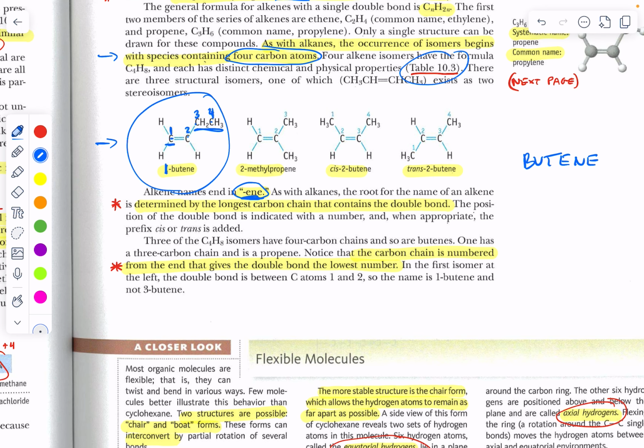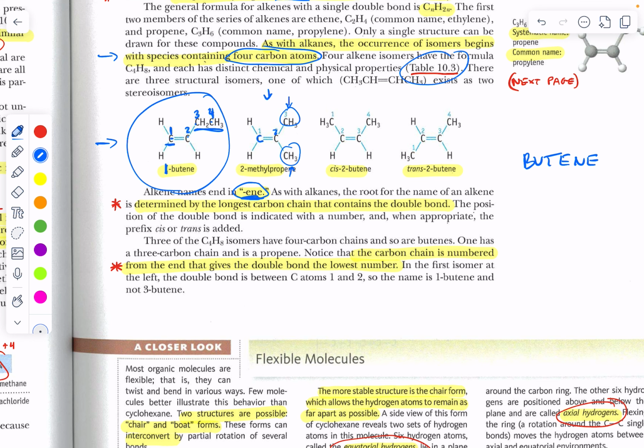Now when we come over to the next isomer, you see that we have 2 methyls, one here and one here, attached to carbon number 2. The double bond is closer to the left end, so that becomes carbon 1. This becomes carbon 2, and either the top methyl or the bottom methyl can be carbon number 3, but the methyl group in either case is going to be attached to carbon number 2.